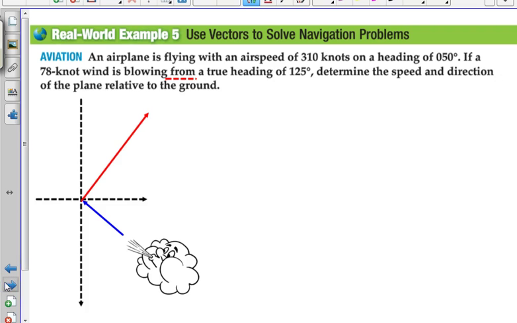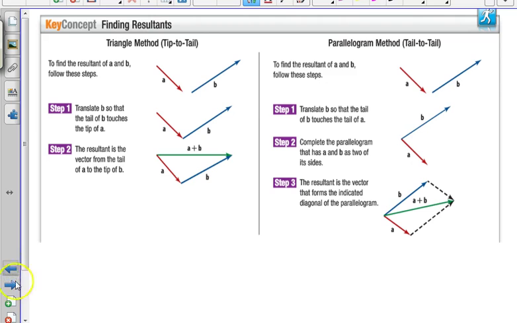There is also just using the components. If you are currently in physics and you really got and understood the tip to tail thing and want to do them that way, I'm all for it. I'm only going to spend time teaching the component form because I think it's easier and it will work for all the different things we're going to do. But I can do one example if you need me to tie the two together for you, okay?